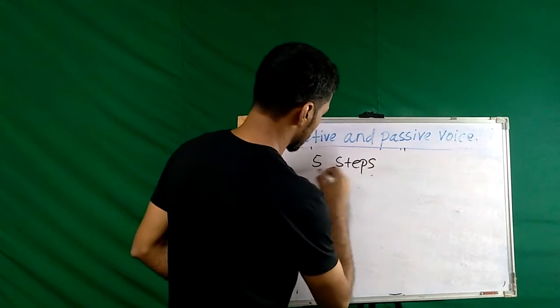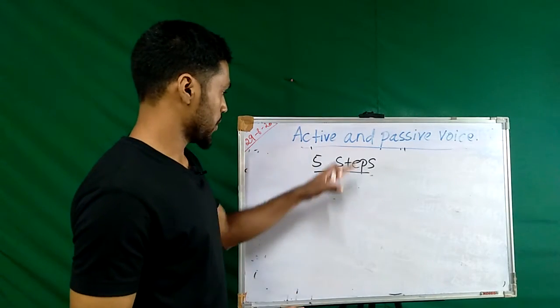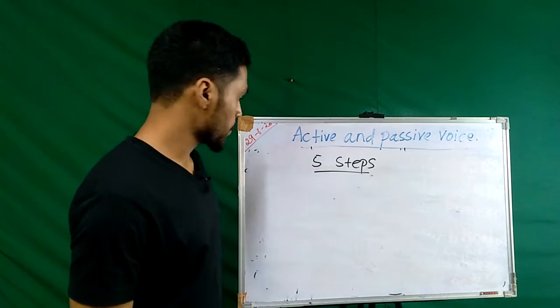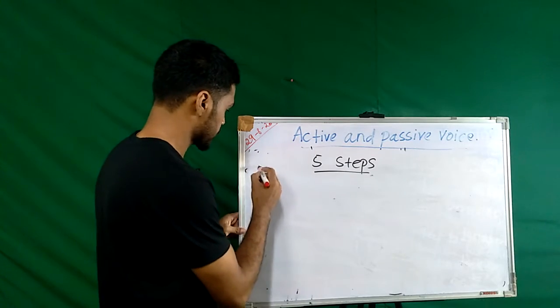There are 5 steps that we are going to learn in this class, and by using these 5 steps we are going to convert the active voice into passive voice. So, what is the first step?